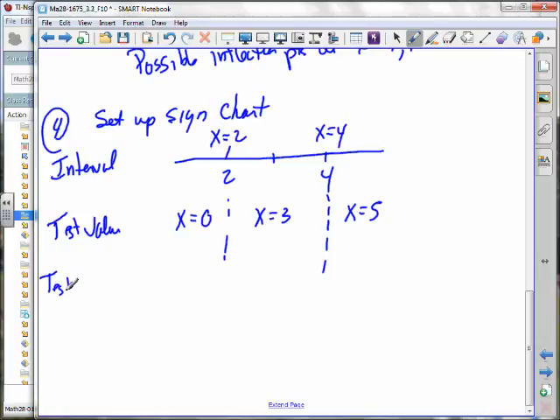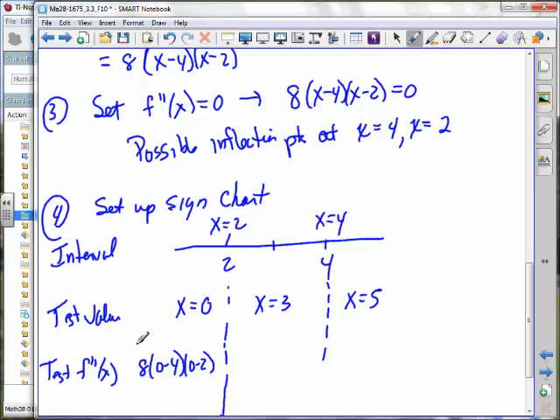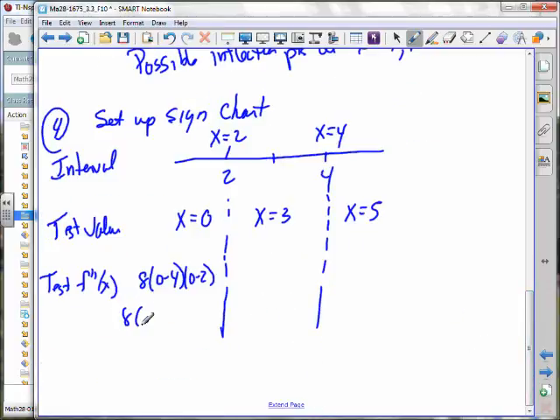Let's test the second derivative. So let's see. Second derivative, I'm going to pick up my 8 times x minus 4 times x minus 2. So this would be 8 times 0 minus 4 times 0 minus 2. So that's 8 times negative 4 times negative 2.